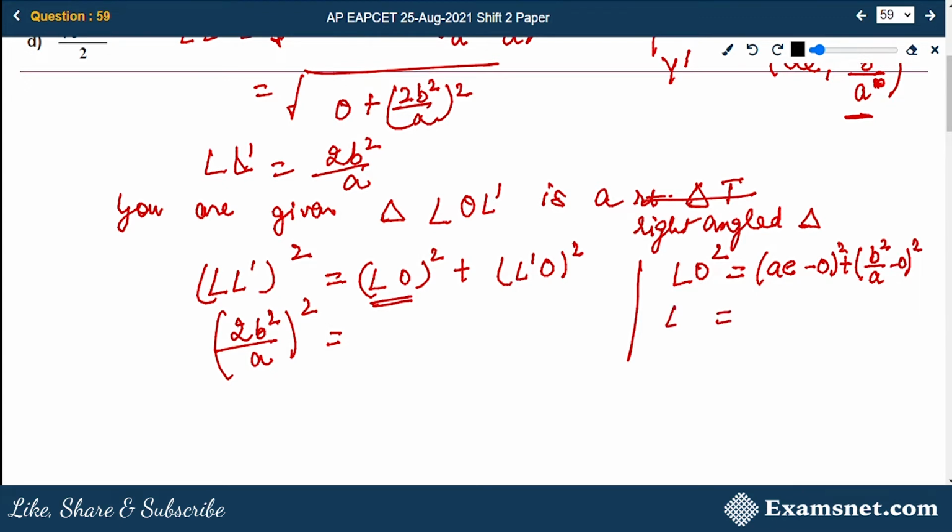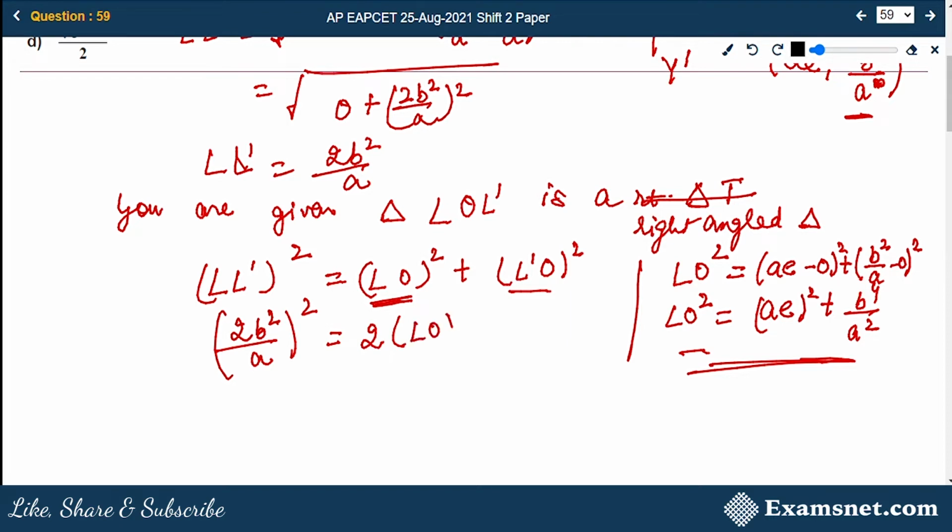So this gives you LO square is equal to a square e square plus b to the power 4 upon a square. These two are the same, so I found out just one value and it will be enough for me. So this will be twice LO square because these two are the same. So this is twice of (a square e square plus b to the power 4 upon a square).